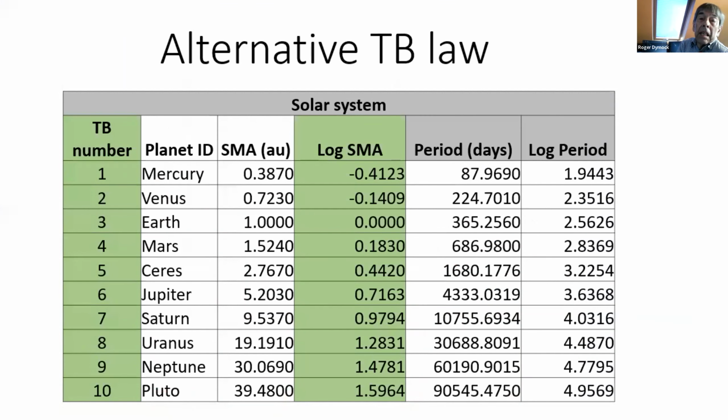Right. I came across the relationship between TB number and the logs of the semi-major axis in a paper, Exponential Distance Relationship and Near Resonances in the TRAPPIST-1 Planetary System. So again, we have the TB number, the planet, semi-major axis, the log, and the period and the log.